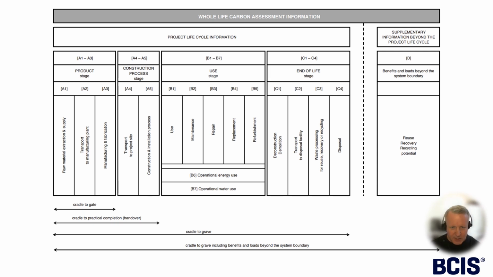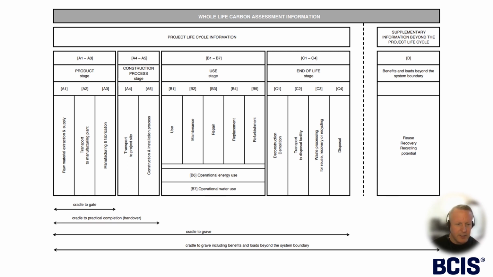Section C, module C, call it whatever you want, is about the end of life. So that would be taking into account the deconstruction, demolition activities, the transports, the waste processing associated with those things, and maybe even, where you can't reuse stuff, the disposal associated with it. So section C deals with all of the end of life.